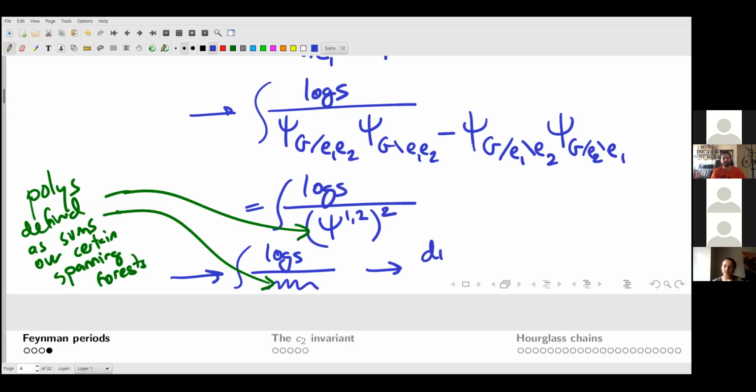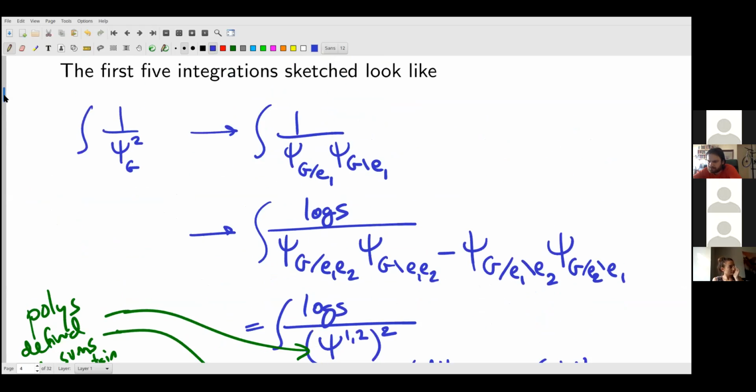And now at the next step, you get a dilogarithm over more of these things. And then, well, it keeps on going, but something interesting happens. So the next step, this is the fifth step, you get some trilogarithm stuff over some things here on the bottom. But let's just count it out.